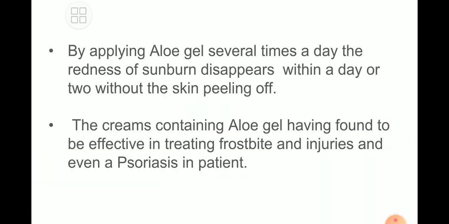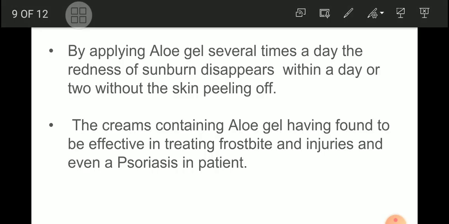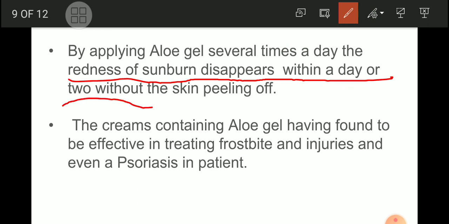By applying aloe gel several times a day, the redness of the sunburn disappears within a day or two without the skin peeling off. In sunburn, many things are happening that can be cured. Redness of the skin also disappears within only 1 to 2 days.